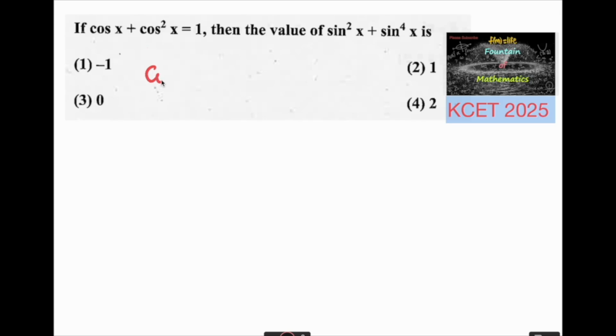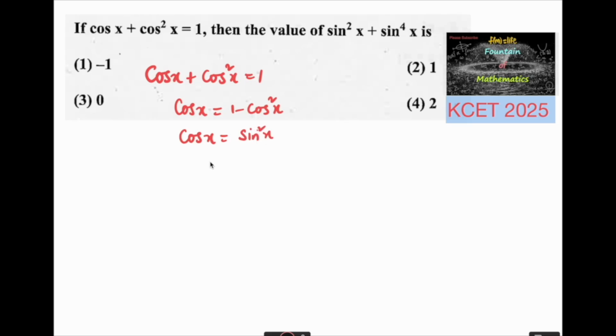Given that cos x plus cos square x is equal to 1, which implies cos x is equal to 1 minus cos square x. That is cos x is equal to sin square x.